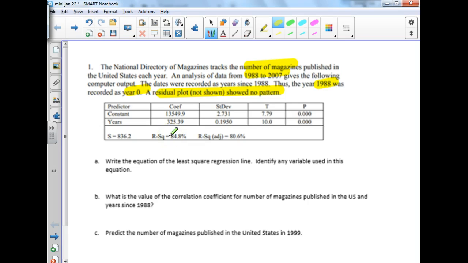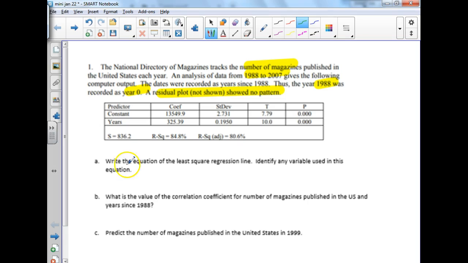That's important when it comes to determining linearity. A residual plot needs to not have any particular pattern.